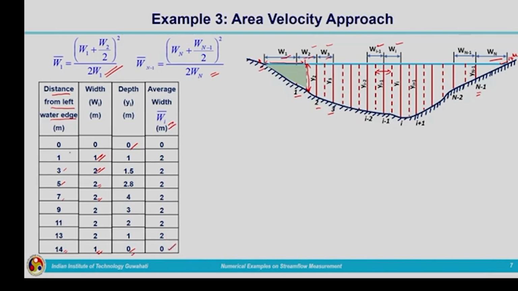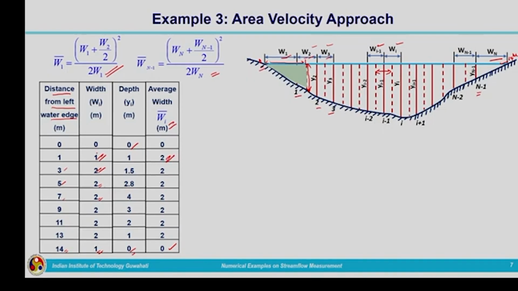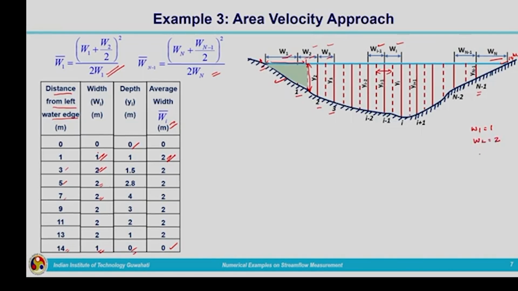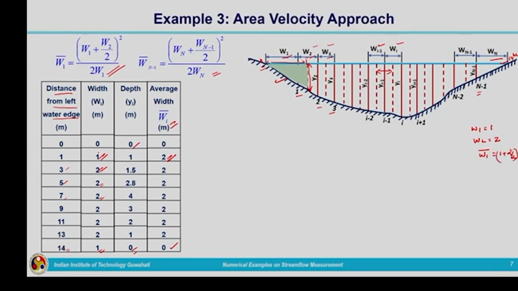You can check with the first one. That is, W1 is 1 and W2 is 2. So, we can consider the case with the first segment, that is this segment. So, our W1 bar will be W1 plus W2 by 2 whole square divided by 2 W1.